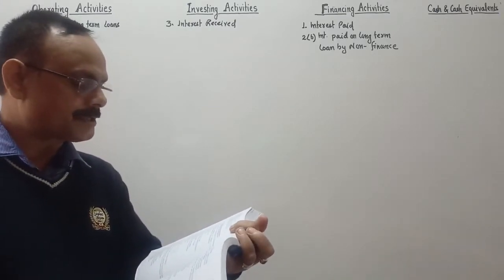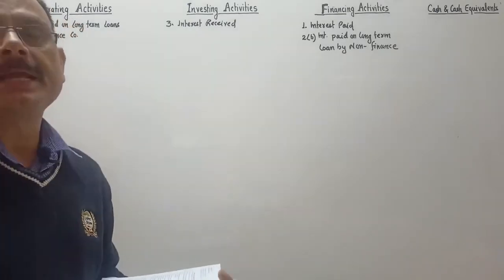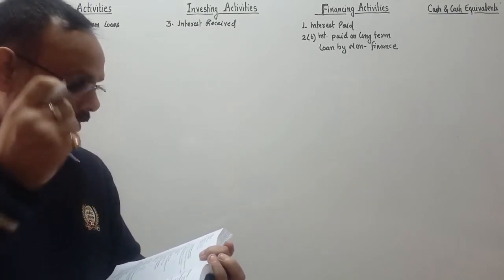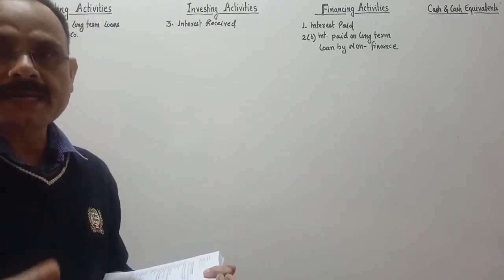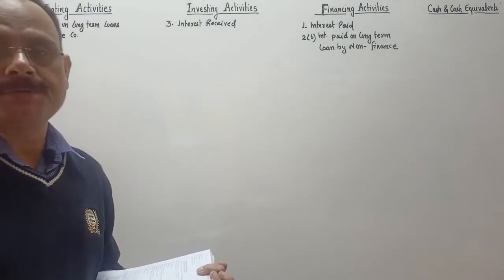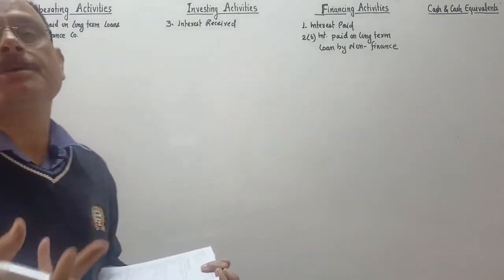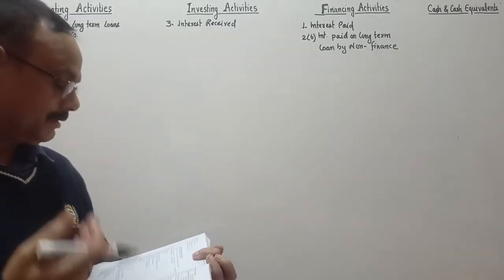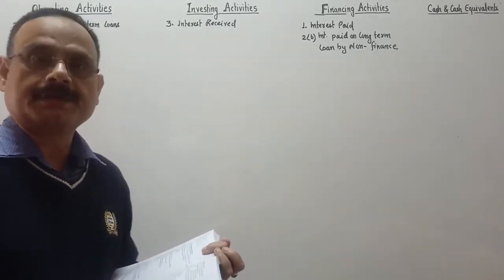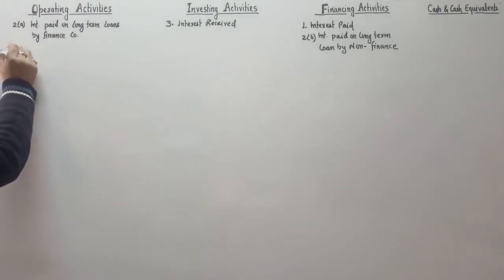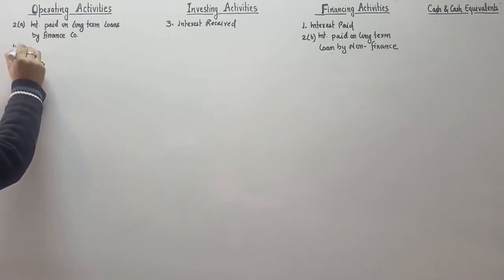Next is interest received on investment by a bank. If a bank receives the interest on investment, it's a banking company, so it's an operating activity because it's the main revenue generating activity of the bank.